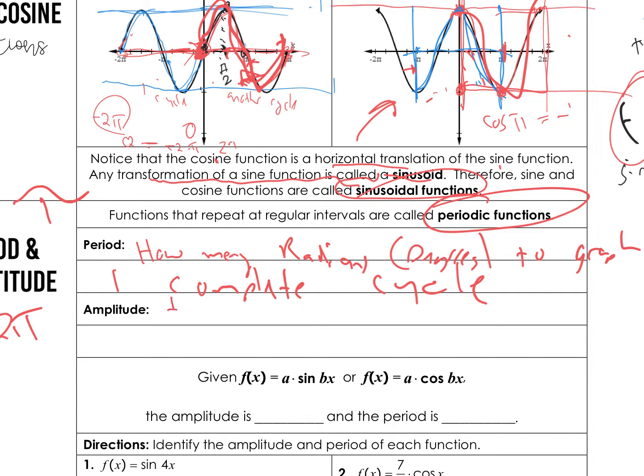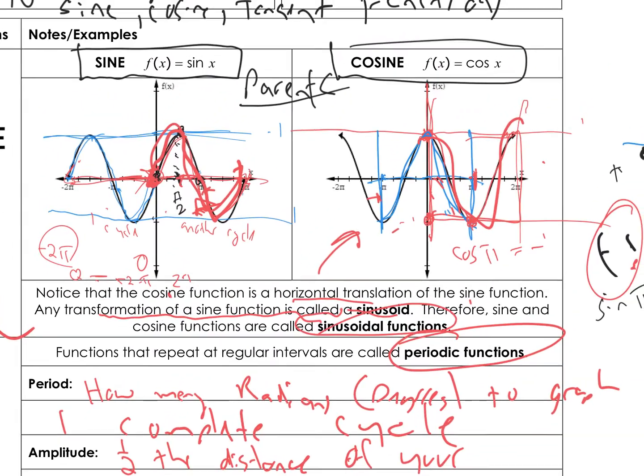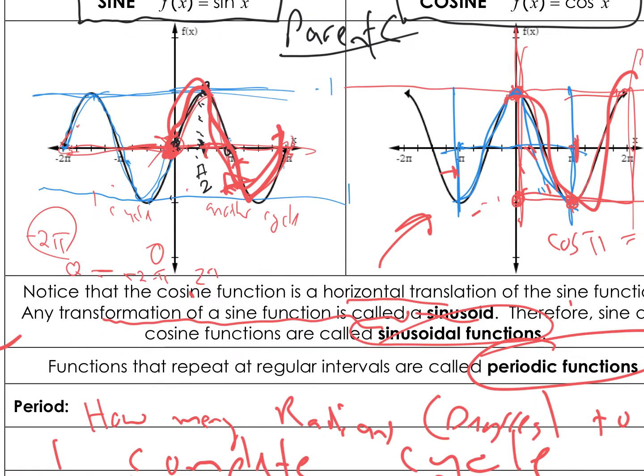So amplitude is actually one half the distance from your maximum to the minimum. If I go back to my sine curve, here's the distance between the max and the min.